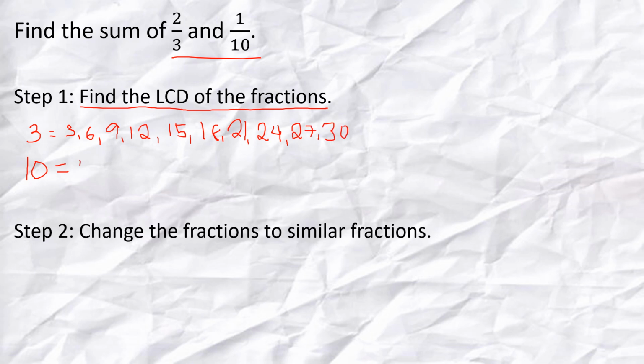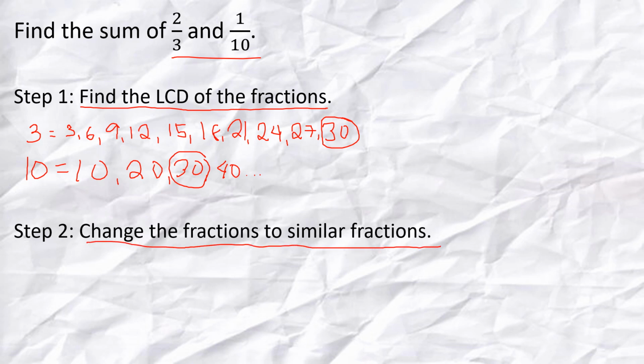And then we have 10, 20, 30, 40, etc. The multiple that is least and common between these two numbers will be our LCD, and that is the number 30.